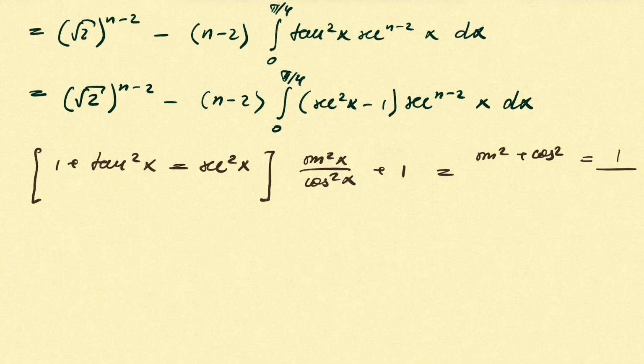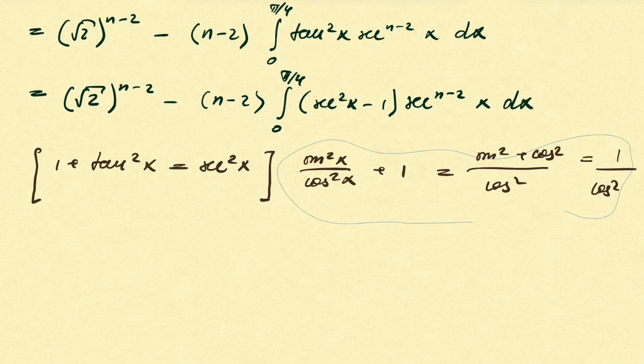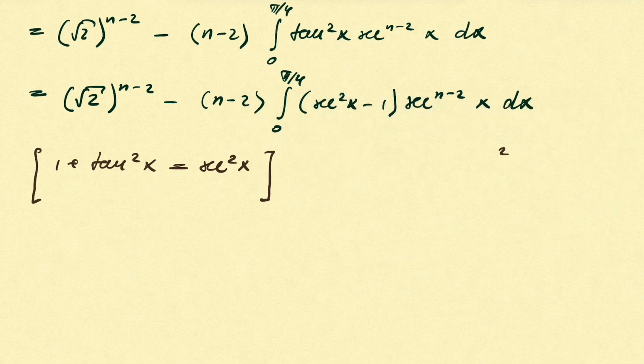And we need to obtain something like 1 over cosine square of something to have something secant-ish. So if we divide by cosine square of x, we have our identity. So if you remember this identity in your head, good for you. If you don't, then you have the clue. Oh, that sounded nice. I'll keep that part, I think. Okay, we move on to our problem.